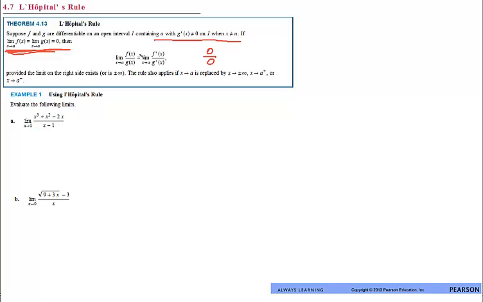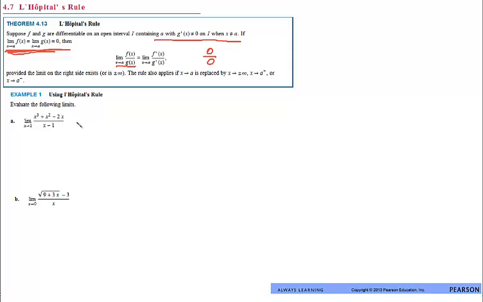Alright, so once it's been established that the limit produces some indeterminate form, then L'Hopital's rule says that I can take the derivative of f and the derivative of g and find the limit of that entire function, and it will be the identical limit. Now, this theorem is proven using the mean value theorem and a bit of geometry, and in the interest of time we'll skip over that, but it is in section 4.7 of the text.